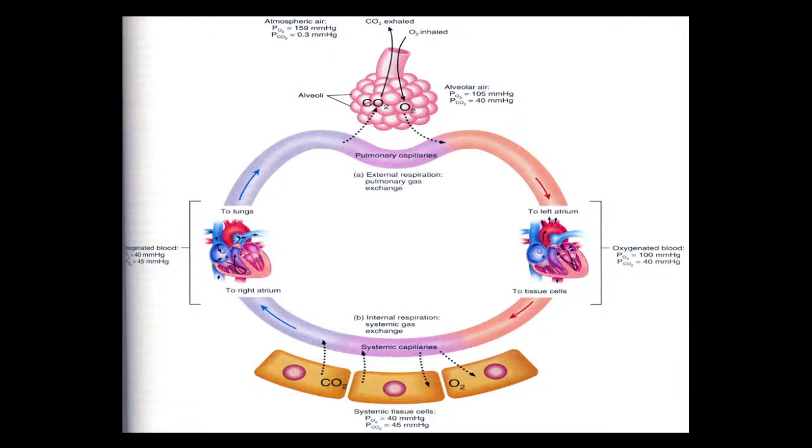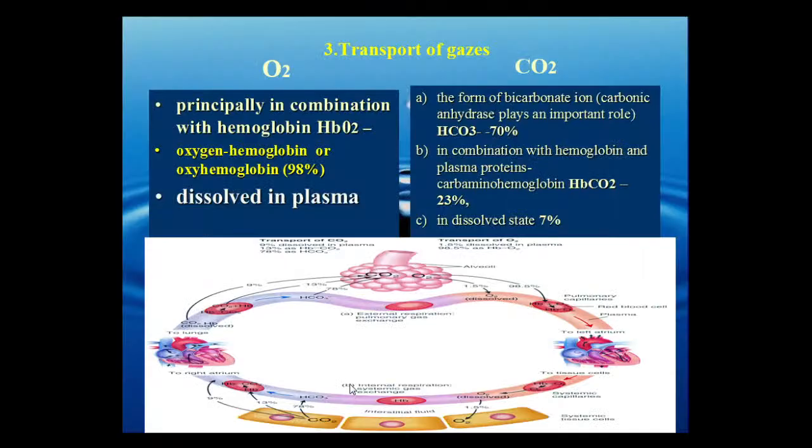That's why partial tension is 0, and vice versa. Carbon dioxide in cells, partial tension for carbon dioxide in cells achieves 60 millimeters of mercury. That's why we have movement of oxygen to cells, and carbon dioxide in opposite direction. Third stage, it's transport of gases.